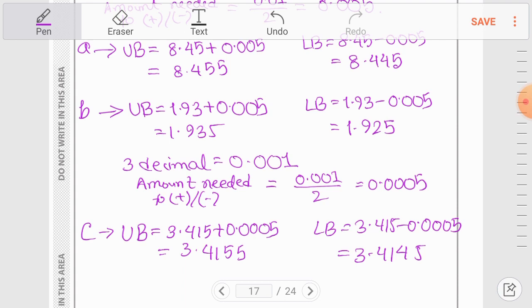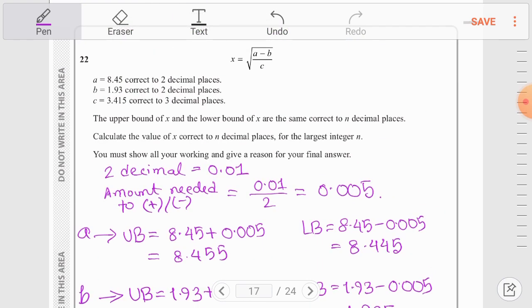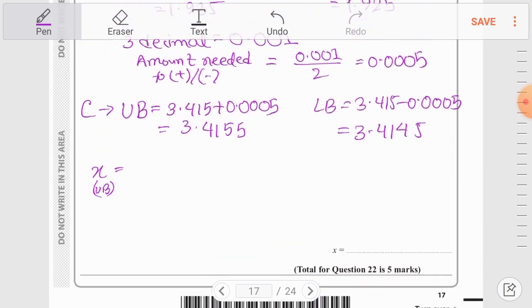At first we will find the value of x using all the upper bounds, and then we will find the value of x using all the lower bounds. So now I'm finding the value of x using all the upper bounds. The equation was root over a minus b, divided by c.